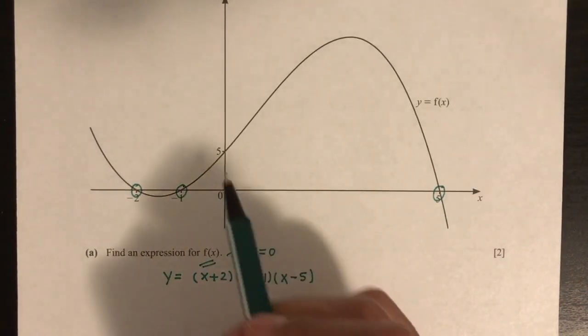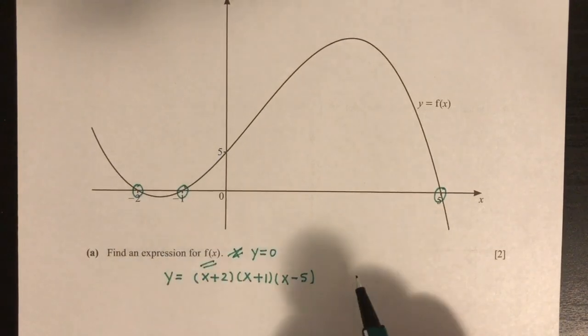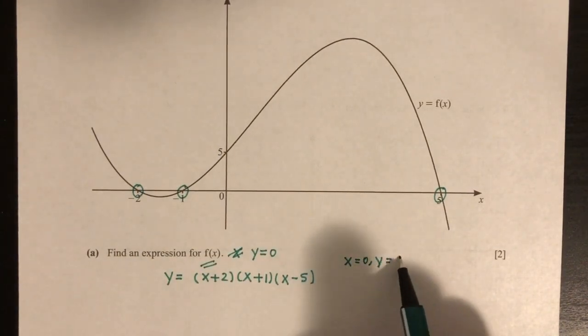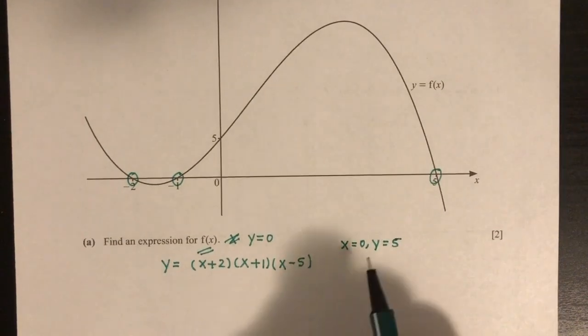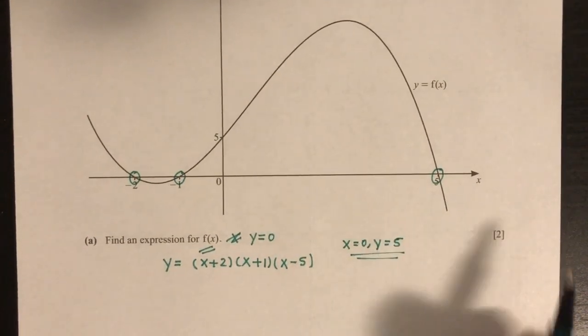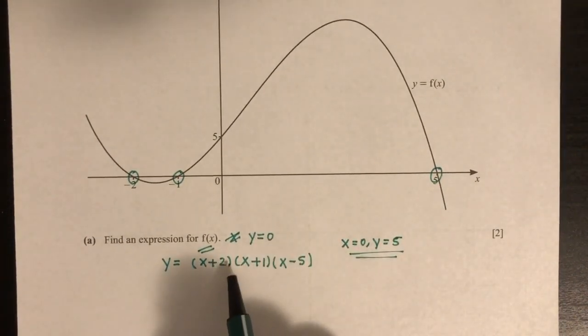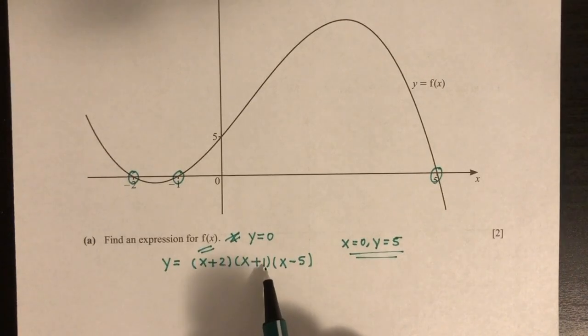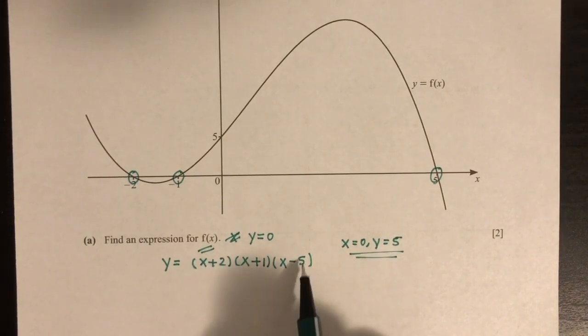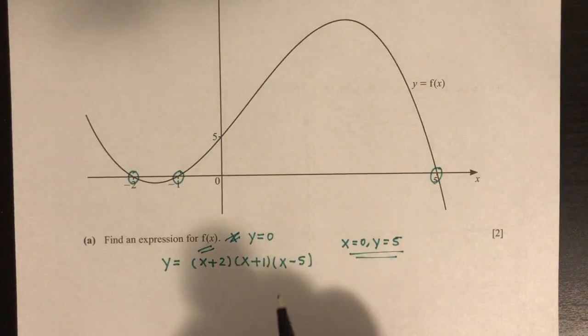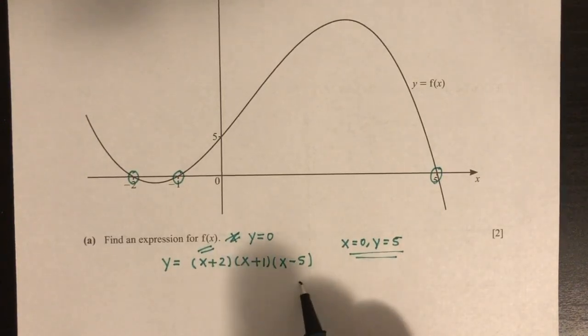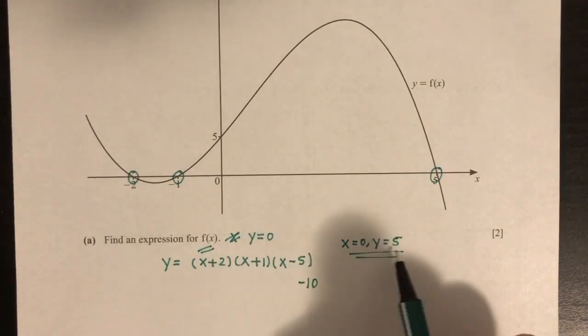But now, as we can see, we have this point as well. It means that at x equal to 0, y equal to 5. So we have to make this happen. If you observe here, 2 multiplied by 1 is 2, and 2 multiplied by minus 5 will give you minus 10. So how do you make minus 10 become 5?